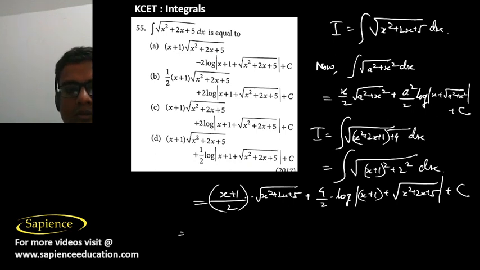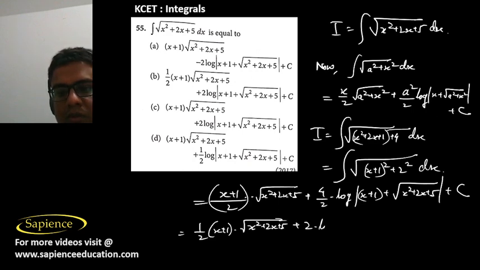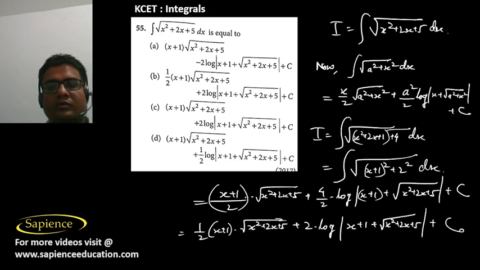So this is half of (x plus 1) into square root of x square plus 2x plus 5 plus 2 into log mod of x plus 1 plus square root of x square plus 2x plus 5, plus c. So option B is the correct answer.